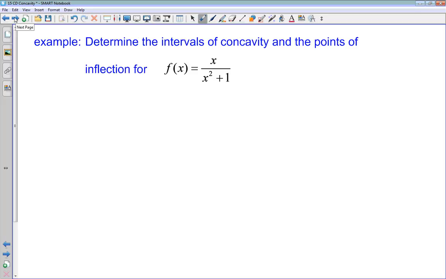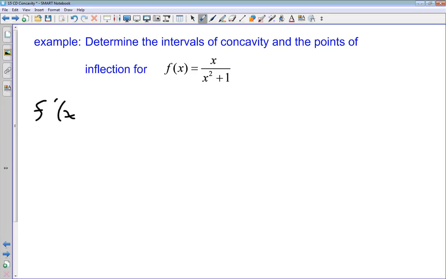So what do you need to be able to do with all of this? Well, here's an example of the kind of question you need to be able to do. Determine the intervals of concavity and the points of inflection for this function: f of x equals x over x squared plus 1. The first thing we're going to need is our first derivative and then our second derivative. If we're going to find those possible points of inflection, we have to set our second derivative equal to 0.